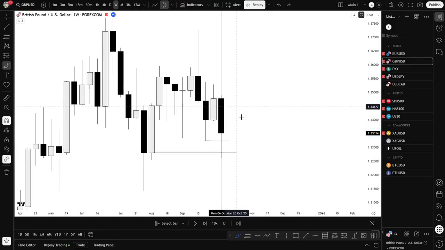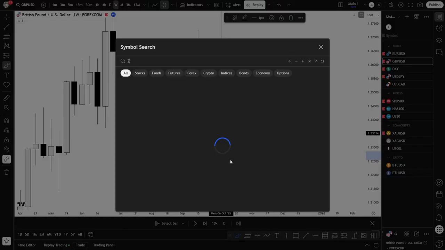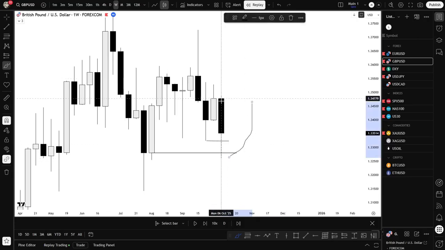And if you are expecting a retracement, it's not going to happen this week. It's going to happen most likely the next week, right?